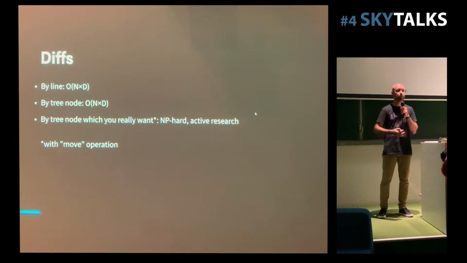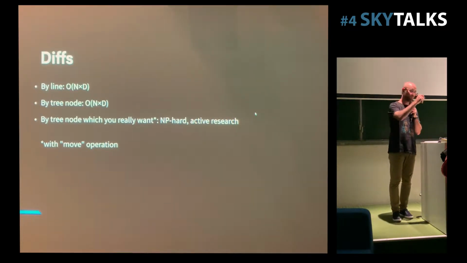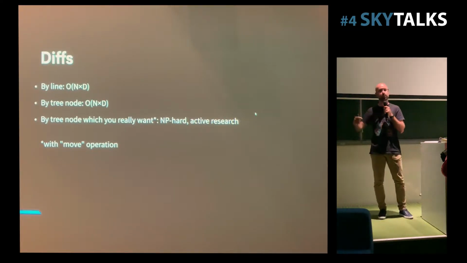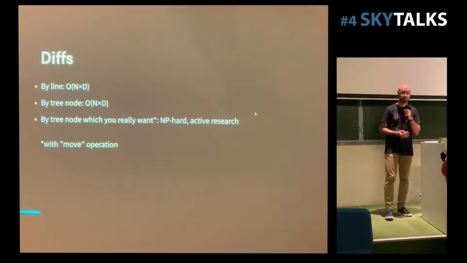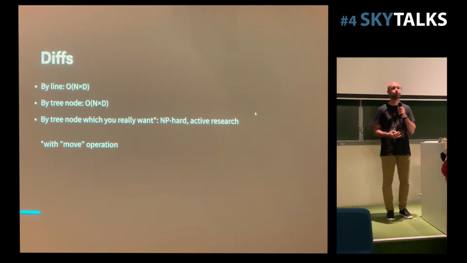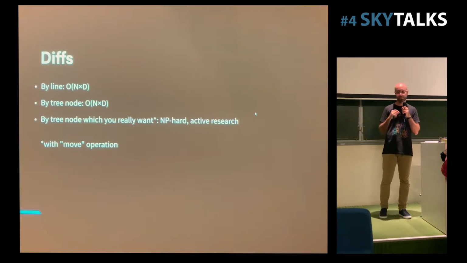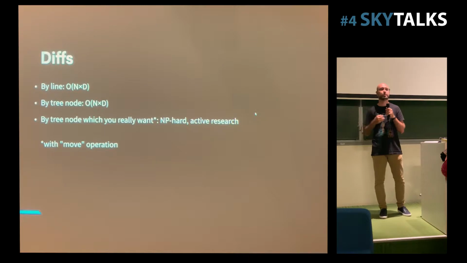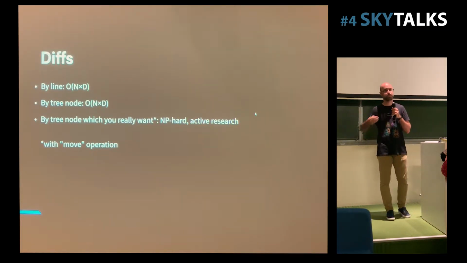And there is a reason for that, because if you want to compare the previous file and the new file just line by line, there is a very efficient algorithm for that called Myers algorithm, which works in linear time from the size of the changes and also from the size of the file. So it's quite efficient, and this is why everybody uses it, because it works fast.